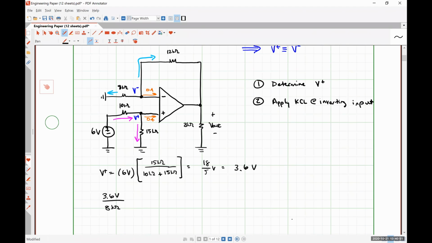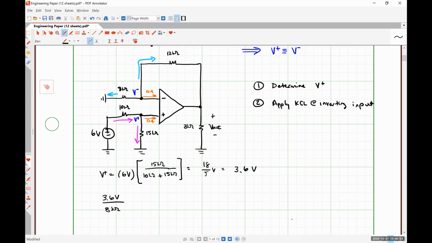What about the current going to the right through the 12 kilo ohm resistor? Exactly right. 3.6 minus V out over 12 kilo ohms is equal to 0.